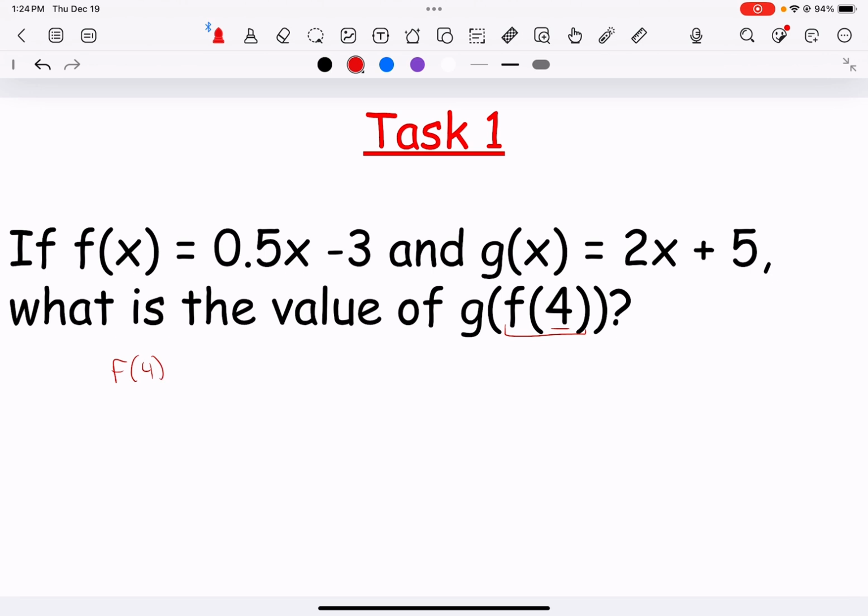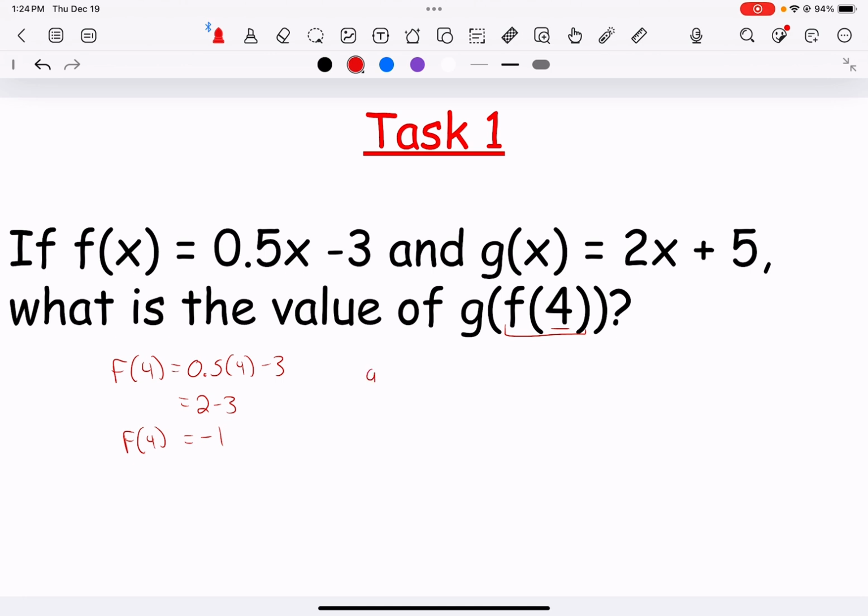So f of 4 is equal to 0.5 times 4 minus 3. 0.5 times 4 is 2, minus 3 to give us negative 1. So f of 4 is equal to negative 1.